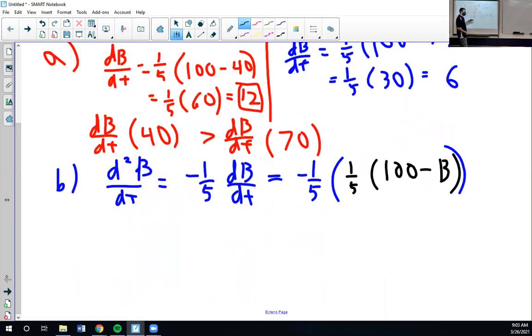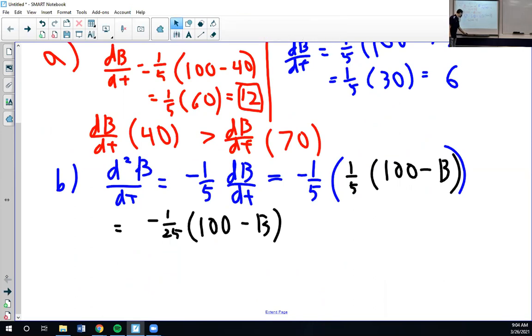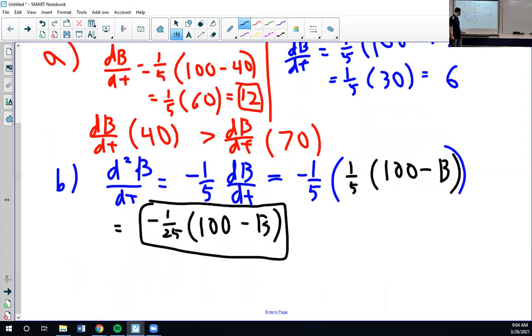And so I'll do a little bit more simplifying. Negative 1/5 times 1/5 is negative 1 over 25 times 100 minus b. So that is our second derivative. That's the first part of part B.